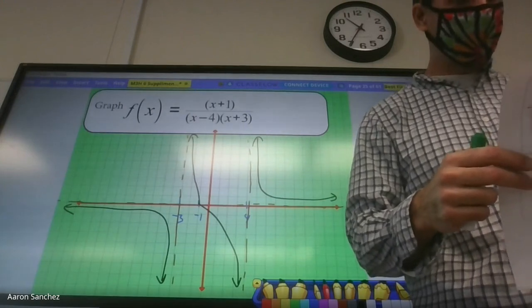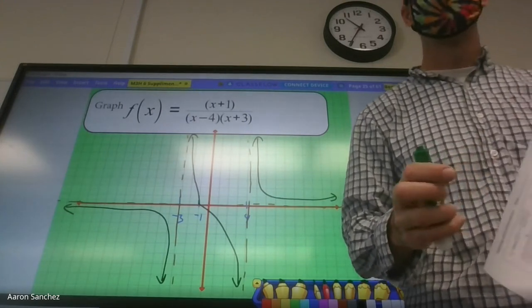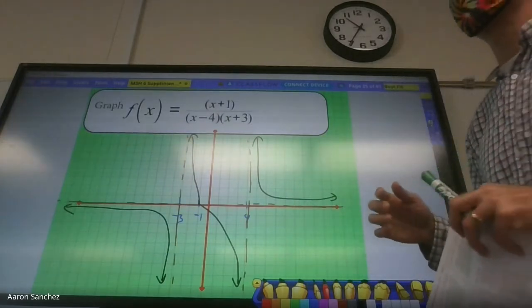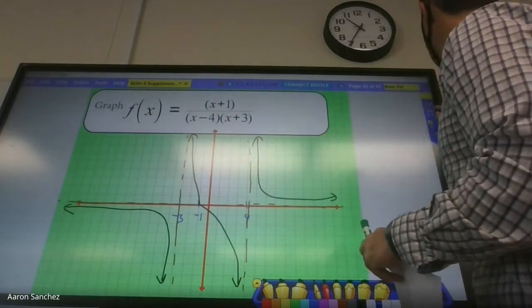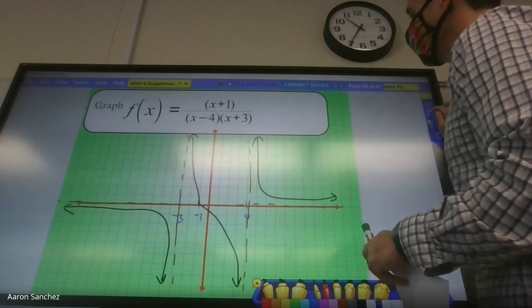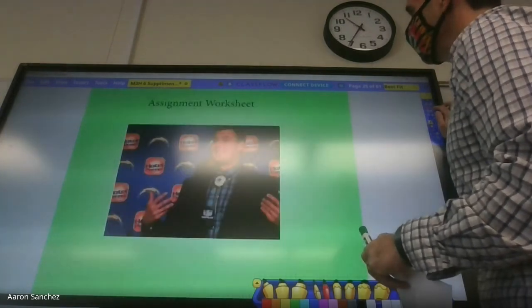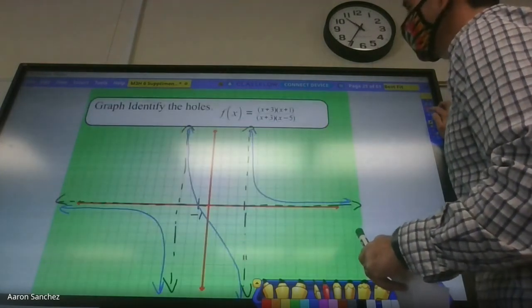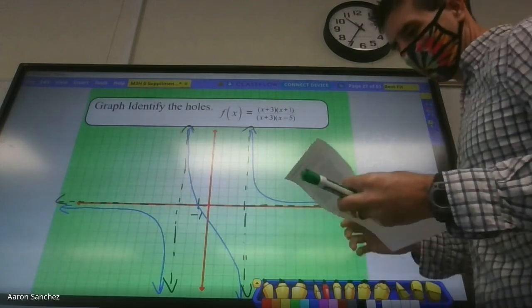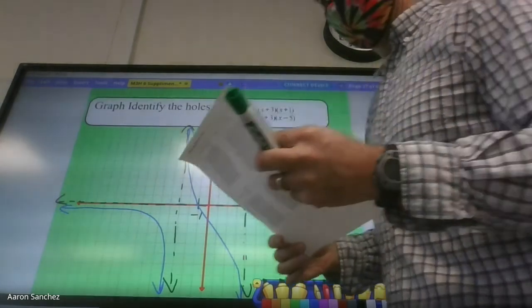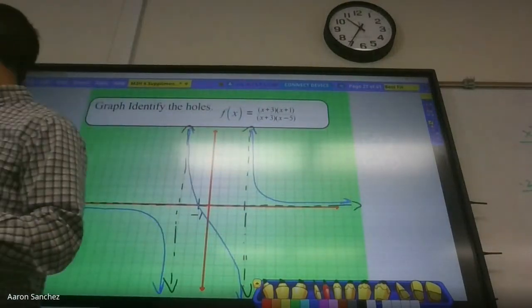I'm going to go to 5, because 5 is an oblique asymptote. Do I have 5 on here? Oh, no, I don't. I feel like I should do 5. Let's do 5, and you guys do the rest on your own.